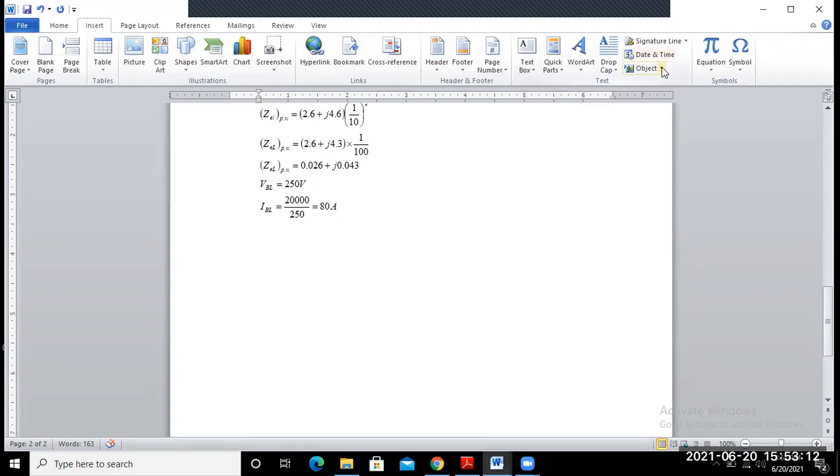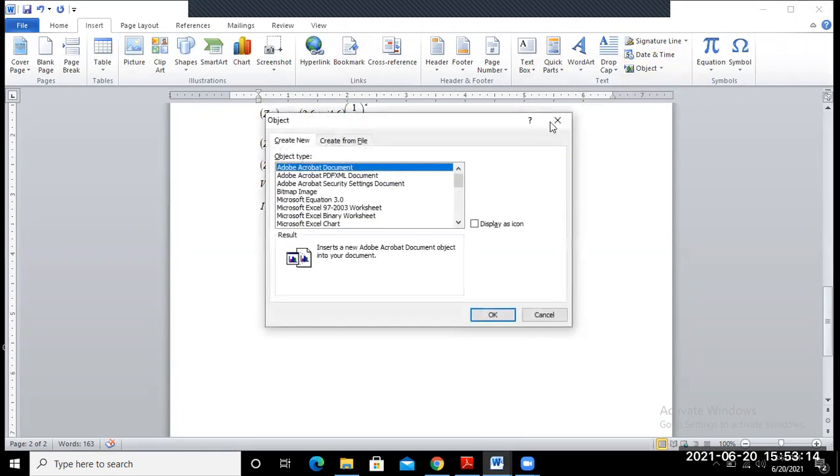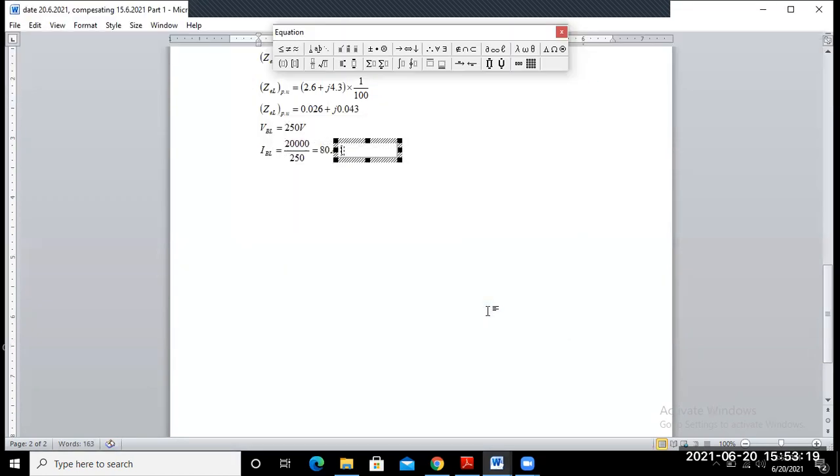So find the value of base impedance on the low voltage side. The base impedance of the low voltage side is equal to VBL divided by IBL.